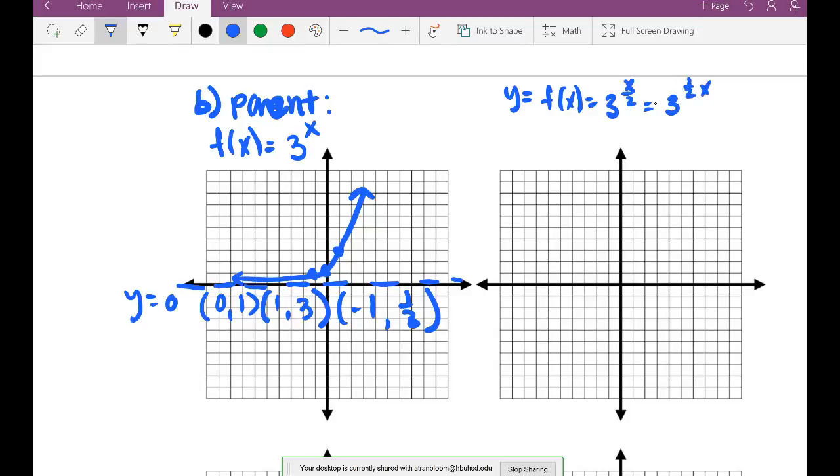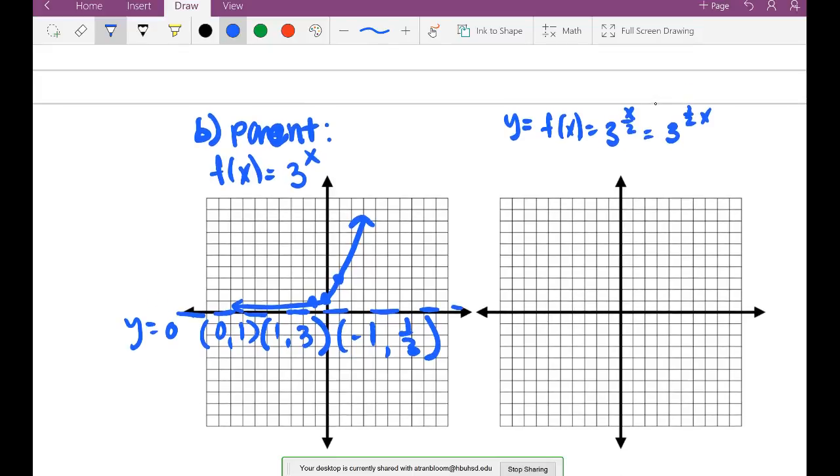Yes. Okay, these two are equivalent. It's probably easier for some of us to identify the transformation for 3 to the power of half x. Samantha, what do you think the transformation is? Excellent. Yes, that's right. Horizontal stretch by a factor of 2.